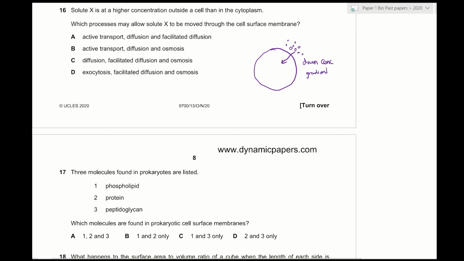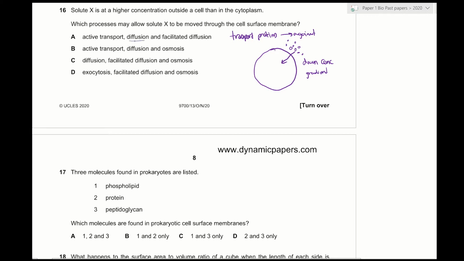So let's start with A. Active transport is the movement of solute particles through the cell surface membrane through transport proteins. But in this case, it's against the concentration gradient, so let's leave it till the end.